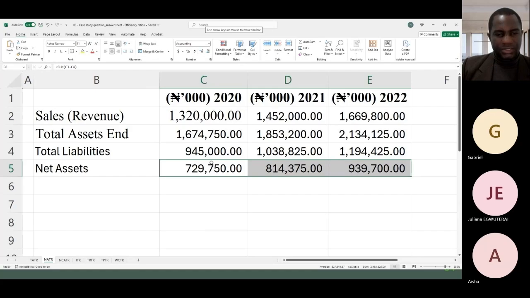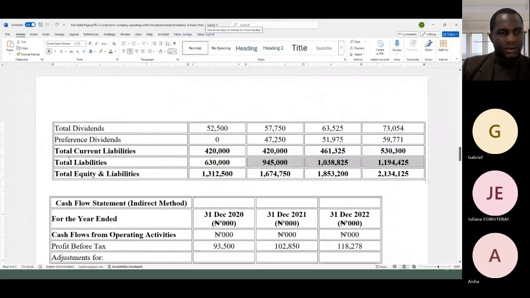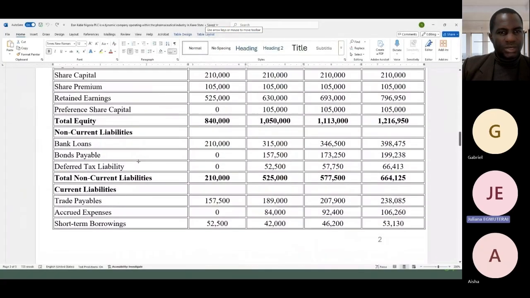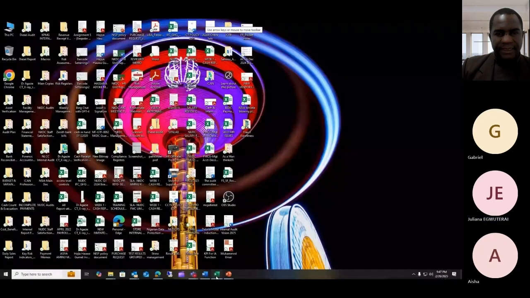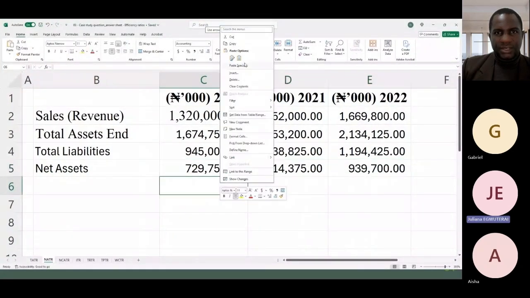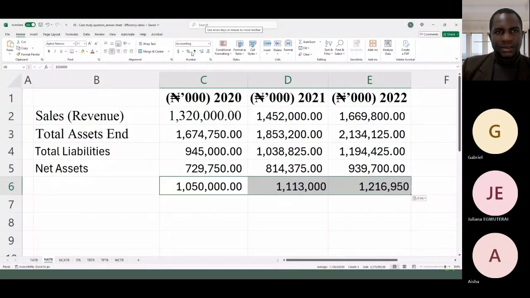It's not working. Look at it: we have 1.0 and 1.3. The total equity is not giving us the same values. I'm surprised. It must be from the question, because the net asset is supposed to be the same as equity.